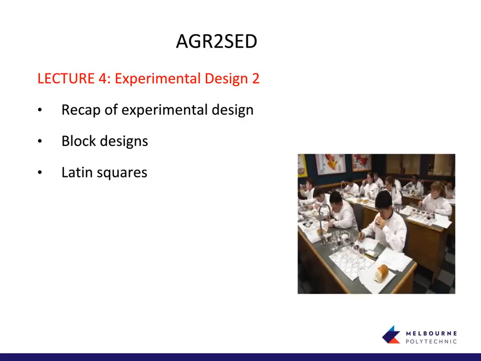We need to break up the overall area into smaller subsets or areas and then randomly sample within those. This is called blocking, and we'll finish by looking at a really neat version of blocking called the Latin square.